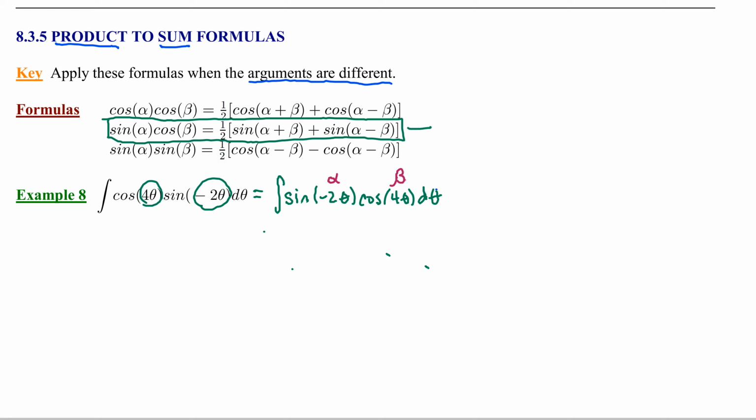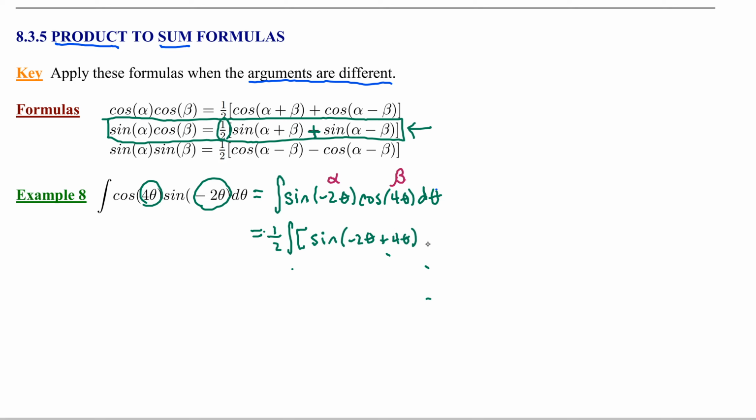So applying the product to sum formula to our integral, notice we have this coefficient of 1/2. Let's go ahead and factor that in front of our integral sign to make life a little easier. Then our integrand will be sine of alpha plus beta. That's going to be sine of negative 2 theta plus 4 theta.